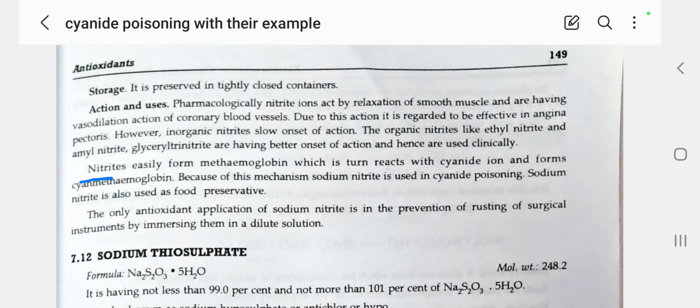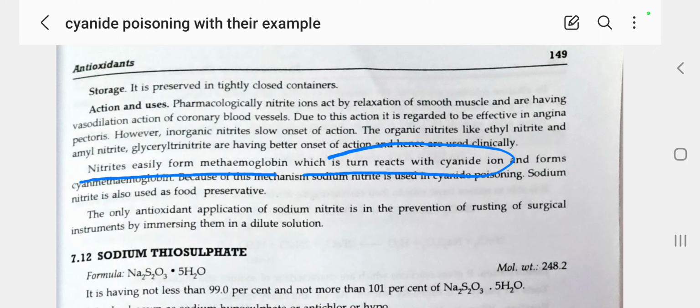Nitrites easily form methemoglobin, which in turn reacts with cyanide ion. This is the physiological mechanism of action.